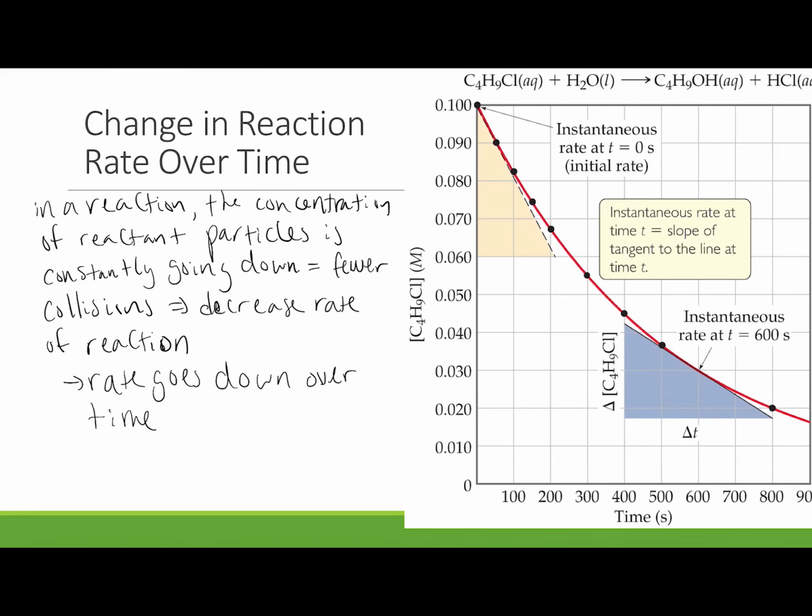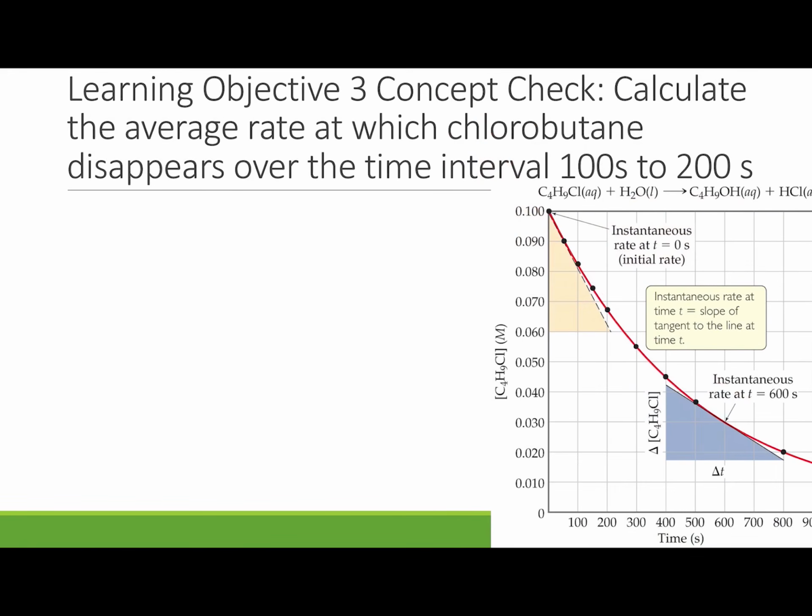So let's see if we can actually calculate an average rate for a substance. So let's look at chlorobutane. Chlorobutane reacts with water in the following equation, and we want to look at the rate of disappearance of that between 100 and 200 seconds.